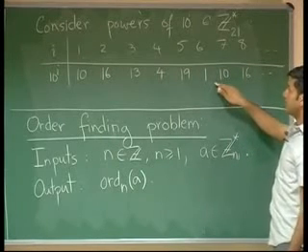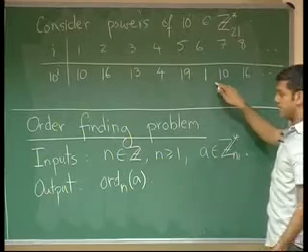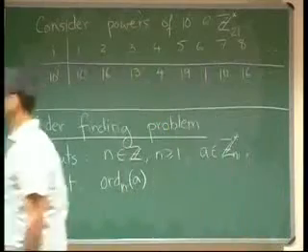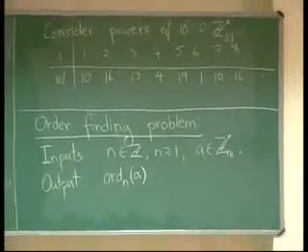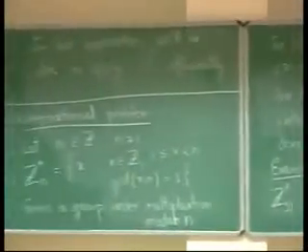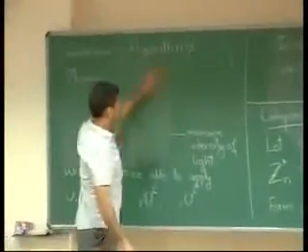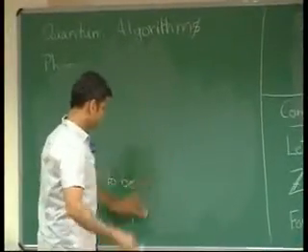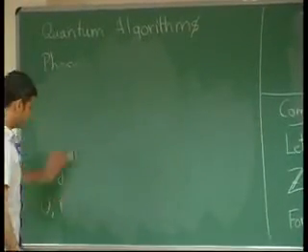The first time we get remainder 1 is when we have hit the order. The number of operations that we need for that straightforward algorithm turns out to be precisely the number that we are looking for, the order.